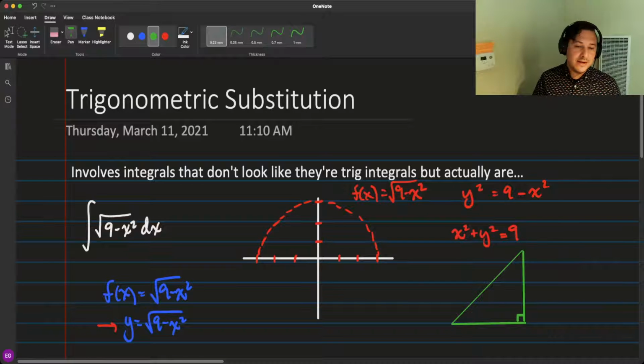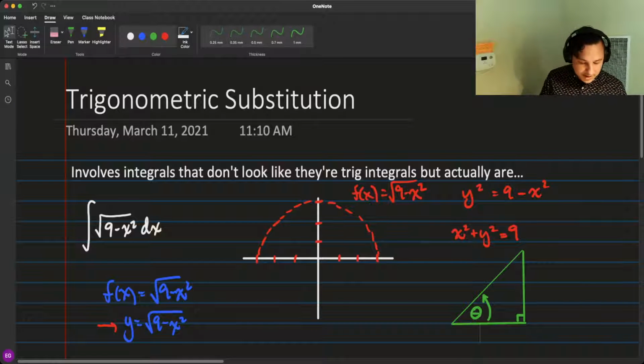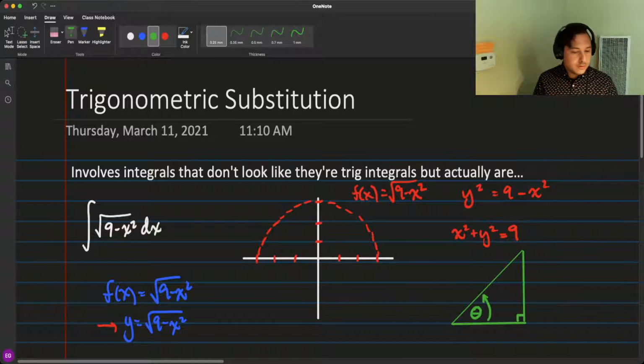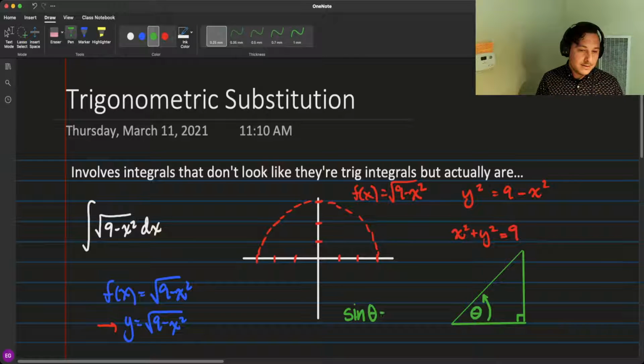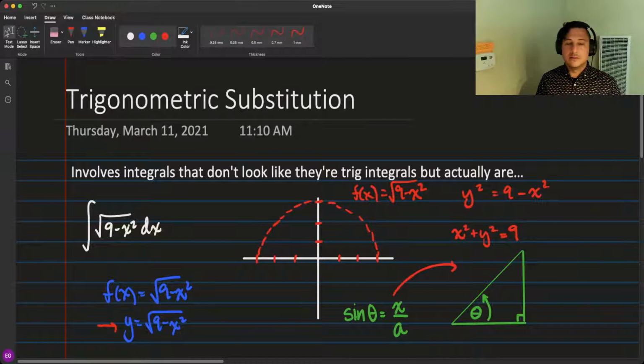Okay, so let's say that your theta is right here. If I told you that the sine of theta is equal to x over a, then what can you say about this triangle over here?